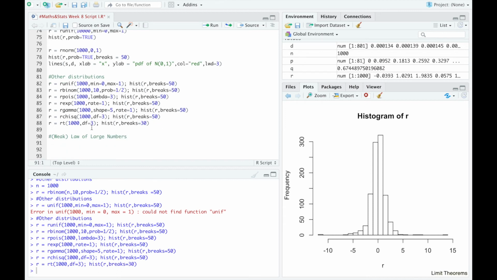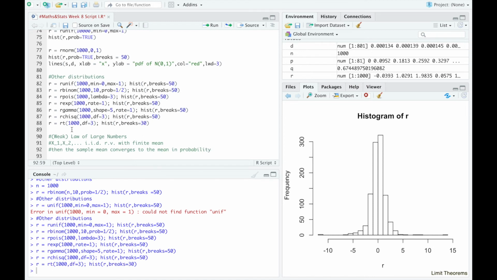The weak law of large numbers tells us that if X1, X2, and so on is a sequence of i.i.d. random variables, and it doesn't matter how they are distributed, but with a finite mean, then the sample mean converges to the real mean, in probability.